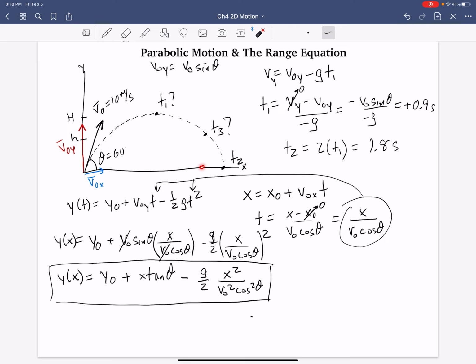Plug that in here, solve for a time value, then do what I just did and plug it in here to find vertical height. All right, so let's see. This equation here, y of x, is very handy for the specific instance of if you need to find a final height and you only know horizontal position, theta, v naught, stuff like that.